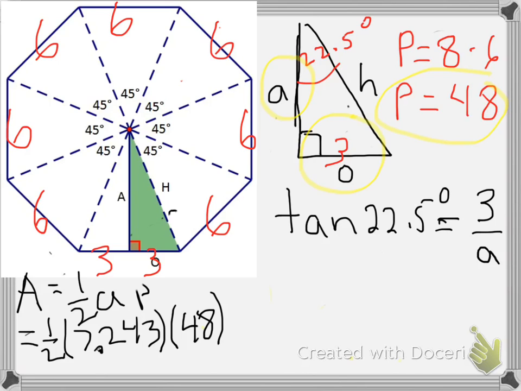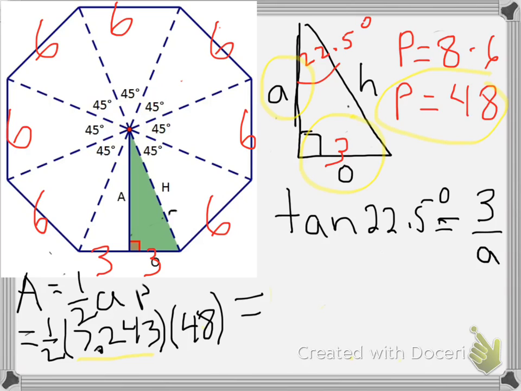Okay, I'm going to use my calculator. Now I actually didn't erase this from my calculator. I kept it in its memory with all the decimals so I can be more exact. I have actually 7.242640687, but there's no way I want to write that. So I'm going to write it to 3, but I'm going to keep that in my calculator. I'm just going to do times 0.5, which is a half, and then times 48. Remember, I can multiply in any order I like because it's all multiplying.